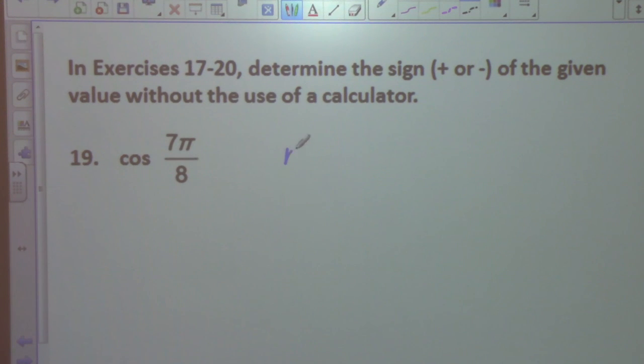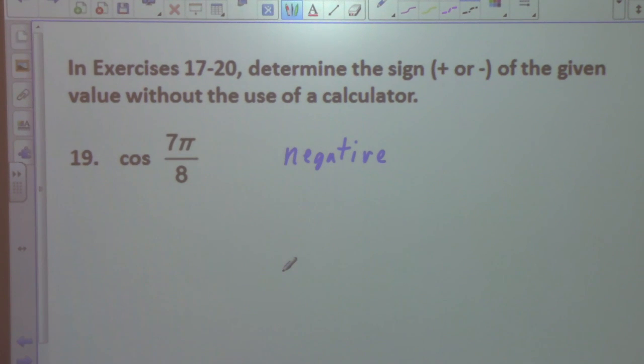So she says negative. How did you figure that out? I think that's right. How did you figure it out? You don't know? Okay, go ahead.